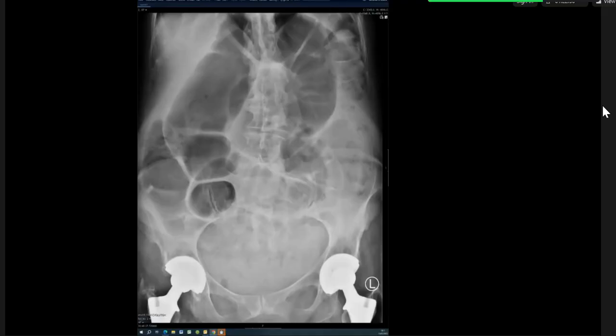In my routine practice, I would like to review the history of the patient to see if there is any history of ulcerative colitis, any indication of steroid therapy, and I would like to gently communicate the finding with the referring physician and recommend further evaluation with contrast enhanced CT.